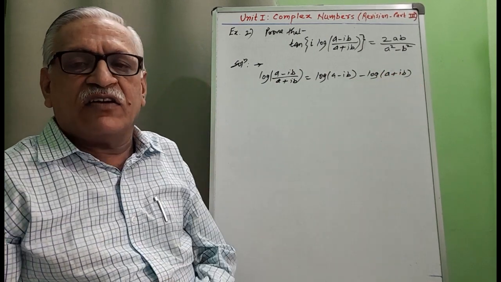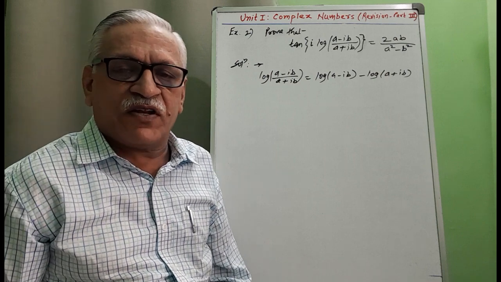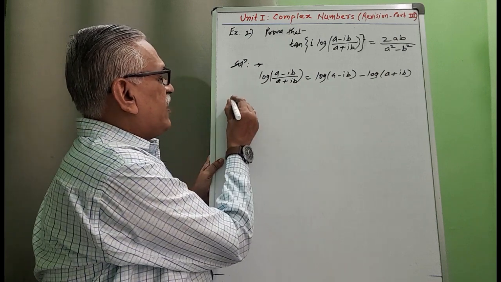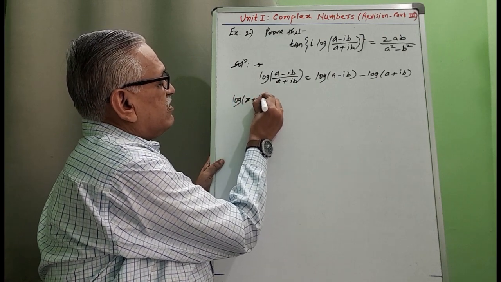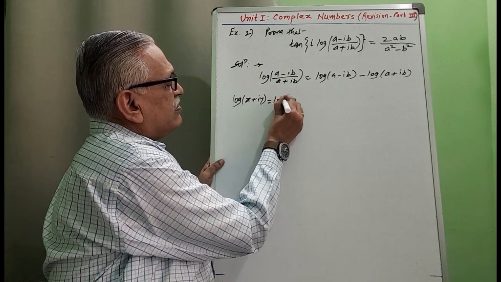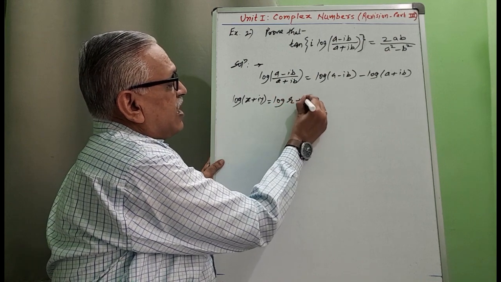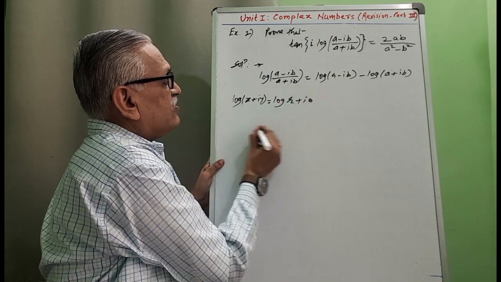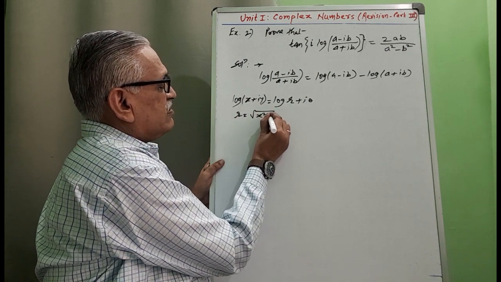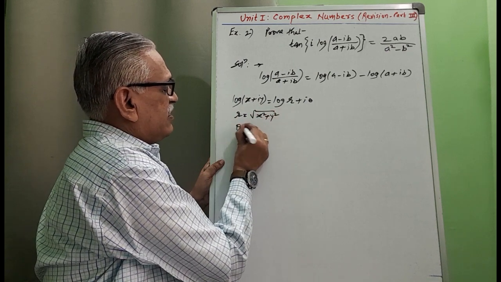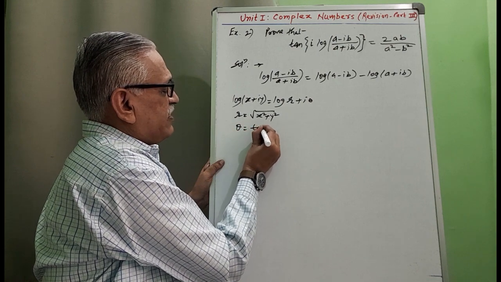And then using the definition of principal log value, we have log of x plus iy as log of r plus i theta, where r is root of x square plus y square and theta is tan inverse of y by x.